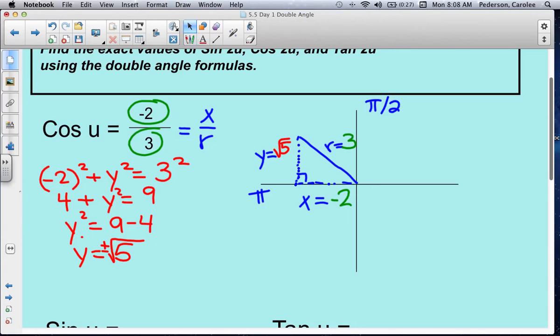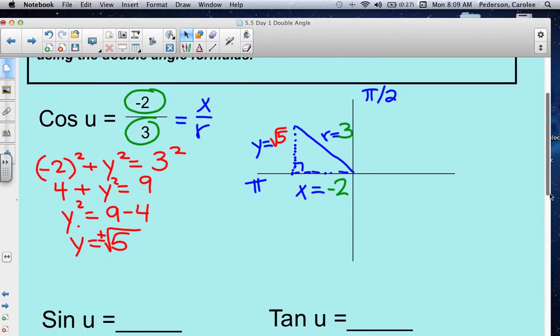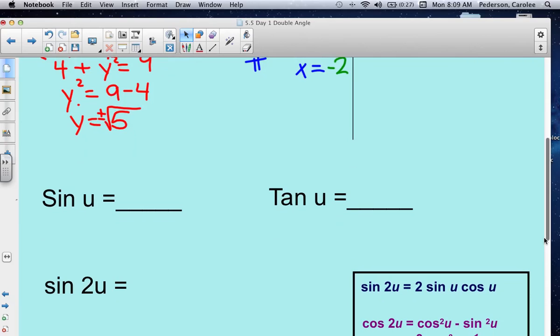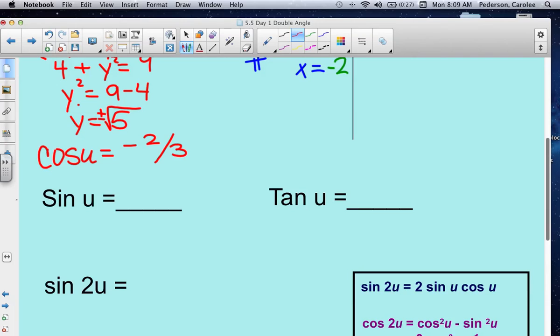Now, before I go and begin finding the double angles, I just want to find the sine of u and tangent of u. So we already have this one given. The cosine of u was negative 2 over 3. Remember, the sine of u is taking y over r.